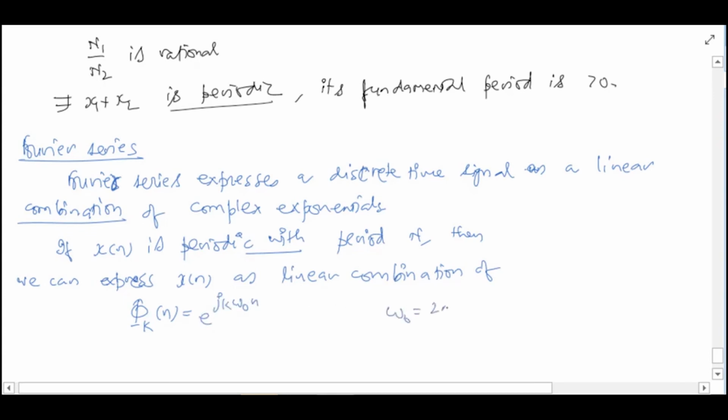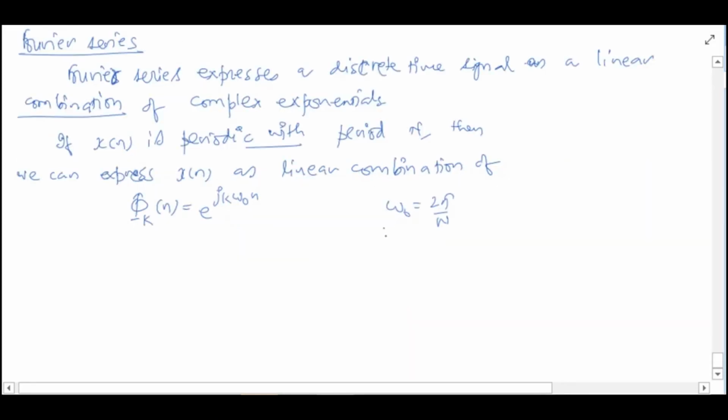Omega naught here is 2 pi by capital N, and as in the continuous time case, it's called the fundamental frequency.